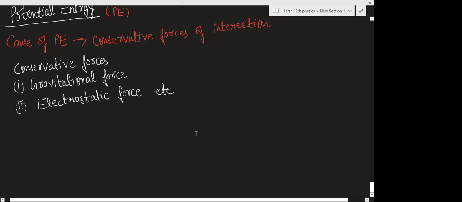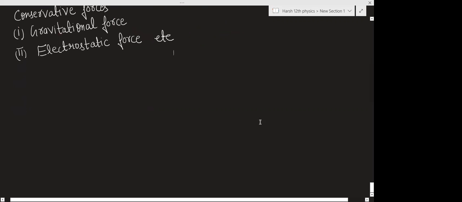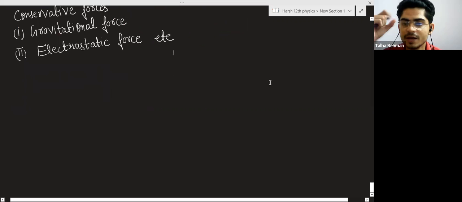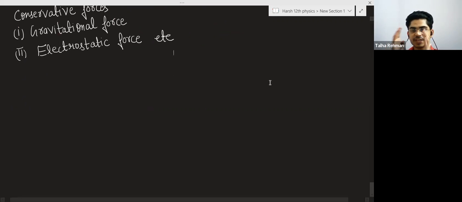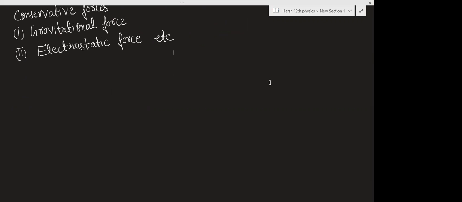And one thing more, potential energy is not defined. Only change in potential energy is defined.